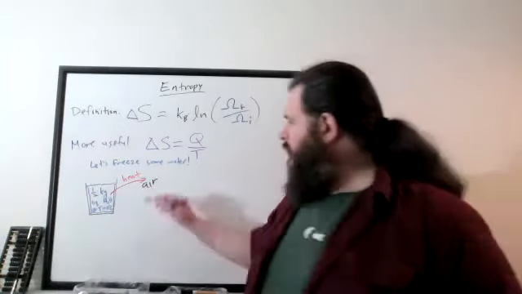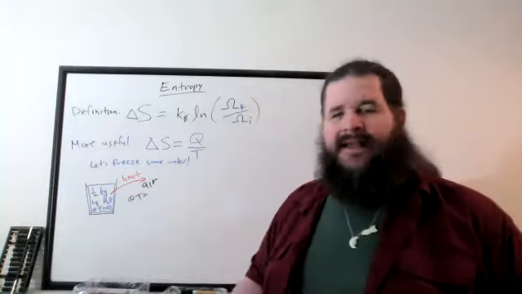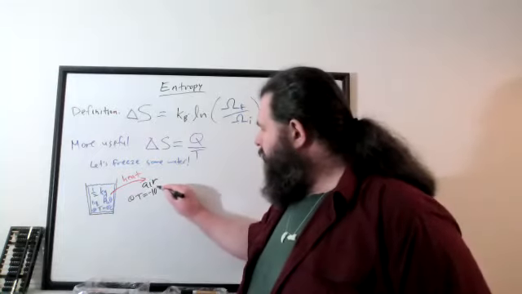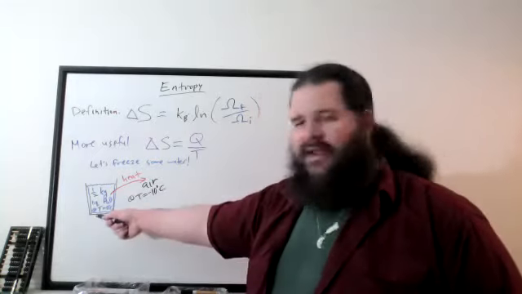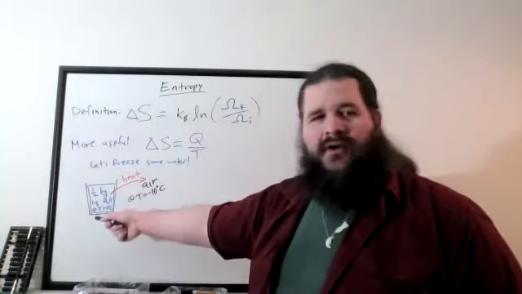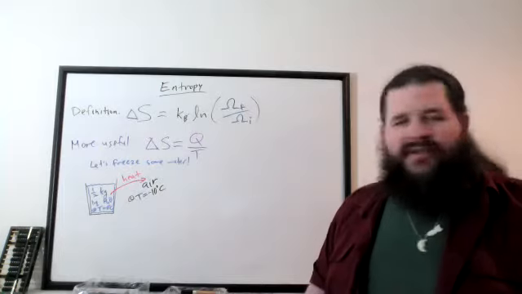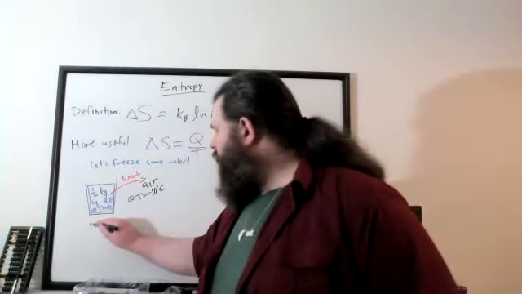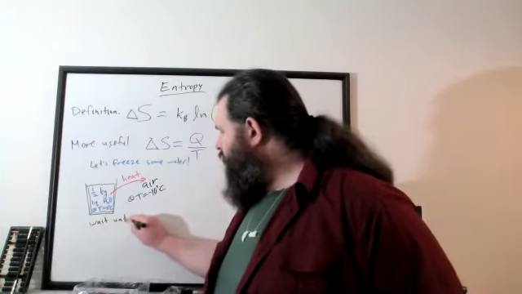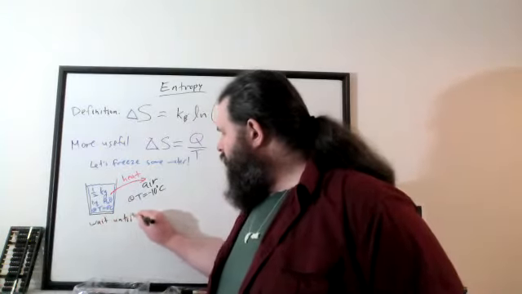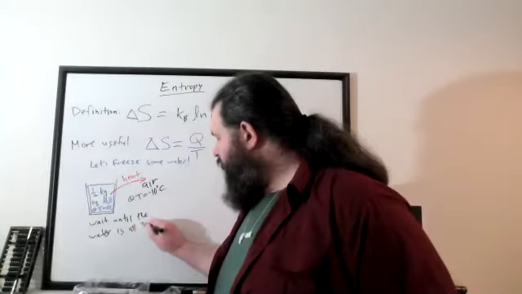Let's say we put the air at -10 degrees Celsius. So if the water is currently at 0 degrees and the air is at -10 degrees, heat is going to flow from the relatively warm water to the relatively cold air. And let's say we just wait until the water is all frozen.